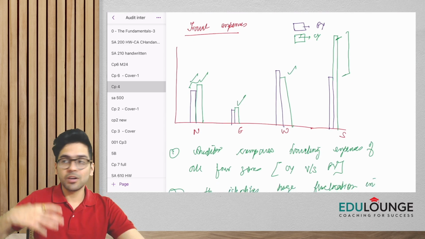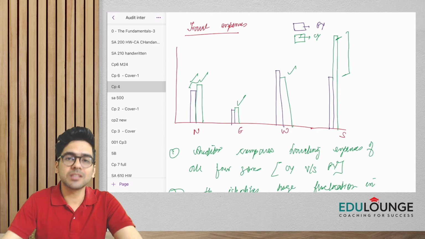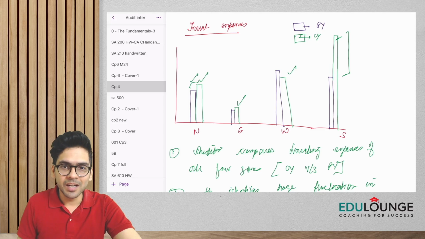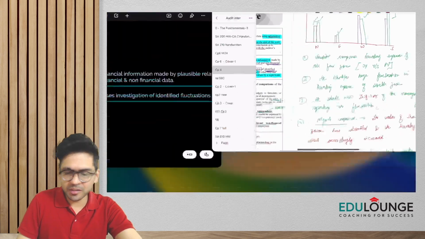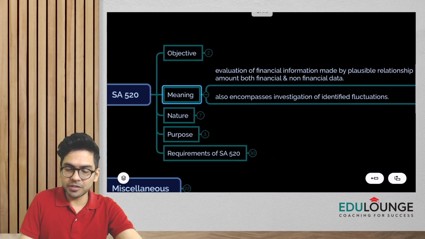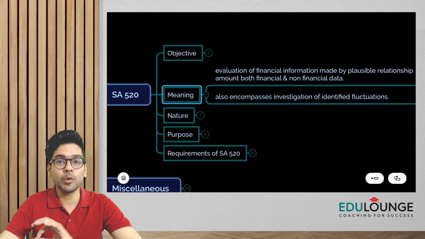And then if you feel that the expense in one area is very high, you would of course ask the management for the reason, understand the reasons, and accordingly do your procedure. So remember, guys, analytical procedure is more of an intelligent procedure. Sometimes test of details alone might not give you good insights, but analytical procedure might.